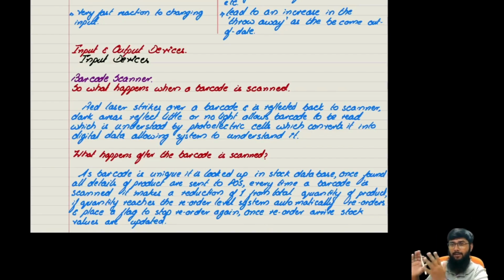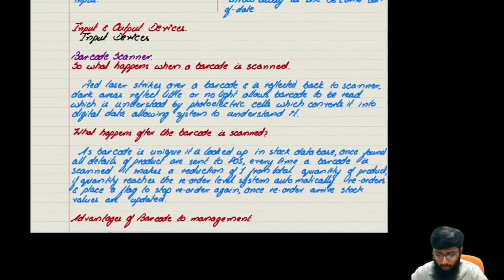Once it is sent to the microprocessor, the microprocessor understands what is written in that particular barcode. Now, what happens after the barcode is scanned? So this was how the barcode is scanned. Now, over here we have a scenario of automatic stock control, or you might say the POS, the point of sale terminal.